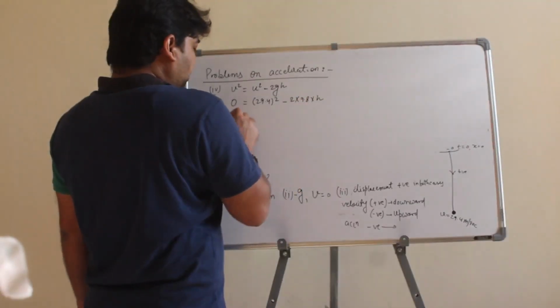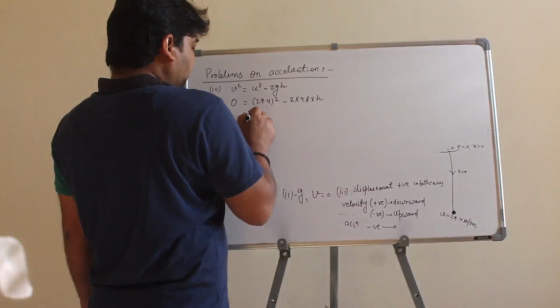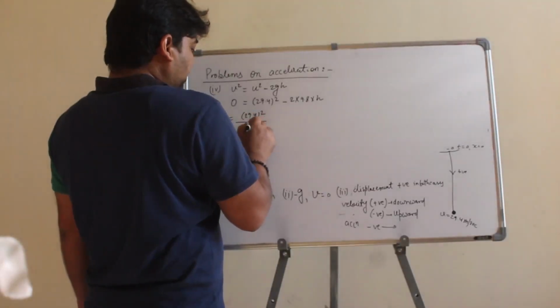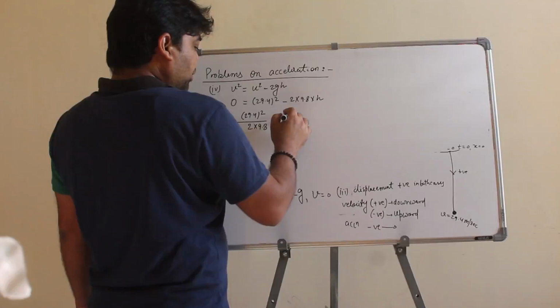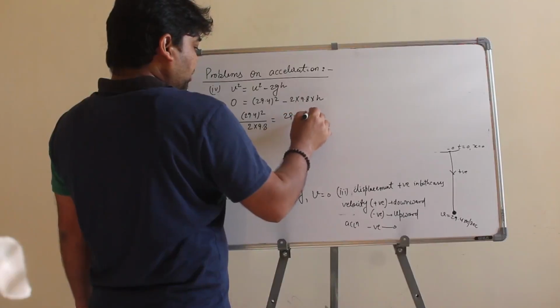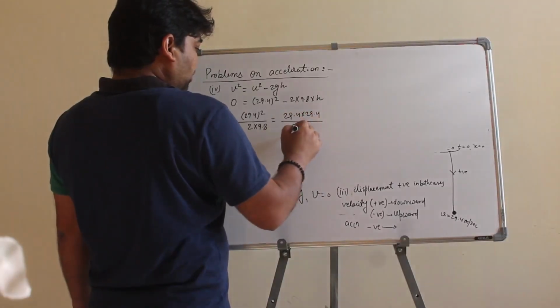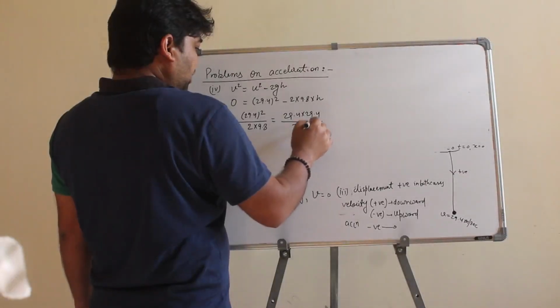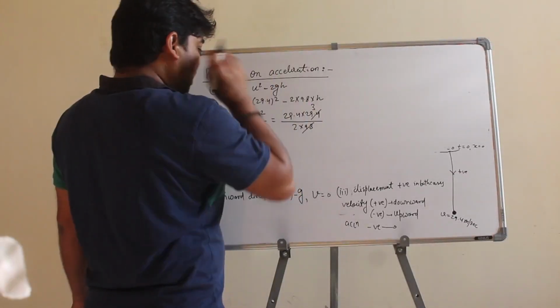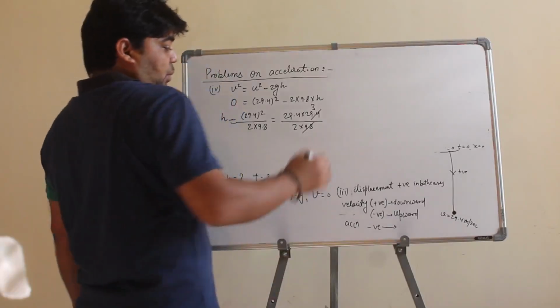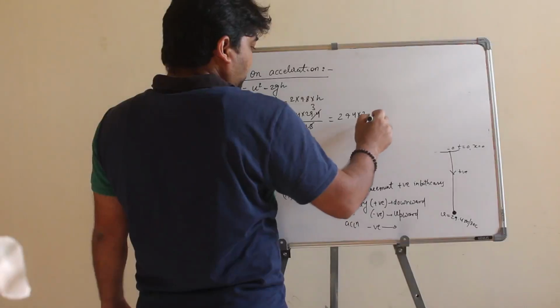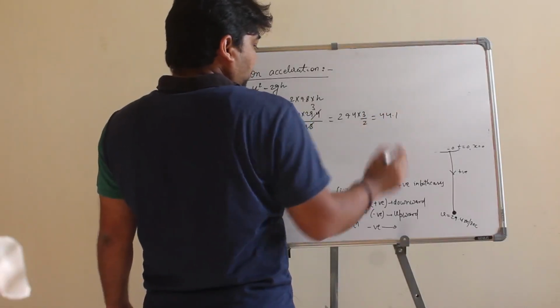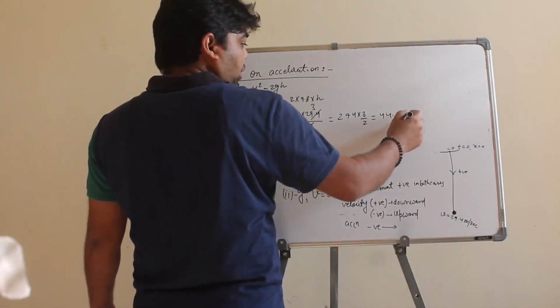So h is 29.4 whole square divided by 2 into 9.8, which simplifies to 29.4 into 3 divided by 2, that is 44.1 meters. This is the height.